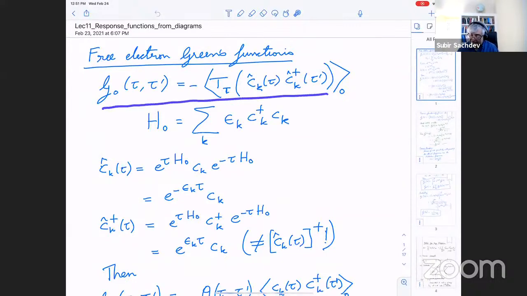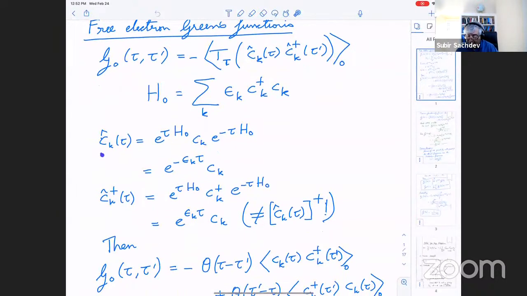Okay. So now we just have to turn the crank and evaluate everything in here, using basically simple harmonic oscillator type physics, but for fermions. The first thing you want to evaluate is the imaginary time evolution of C k with this Hamiltonian. You can evaluate this many ways. You can write down a differential equation for the left and right-hand side, and that equation is basically the same as in a harmonic oscillator.